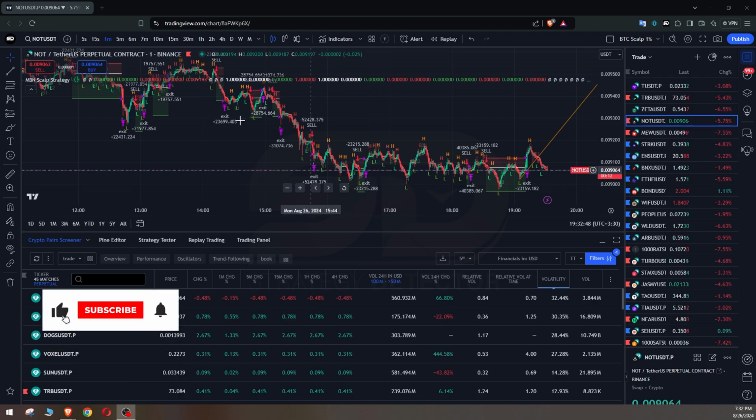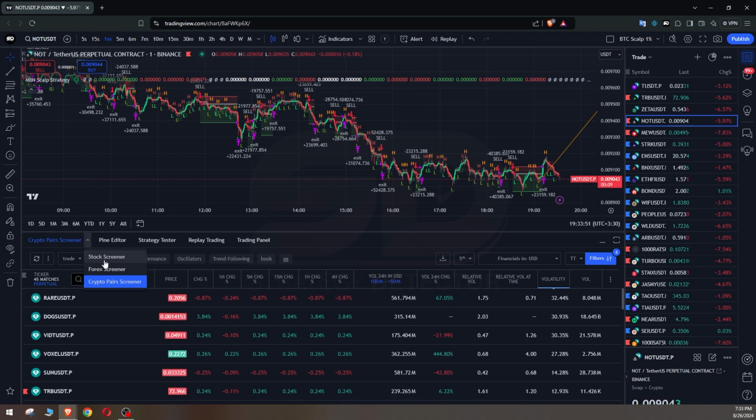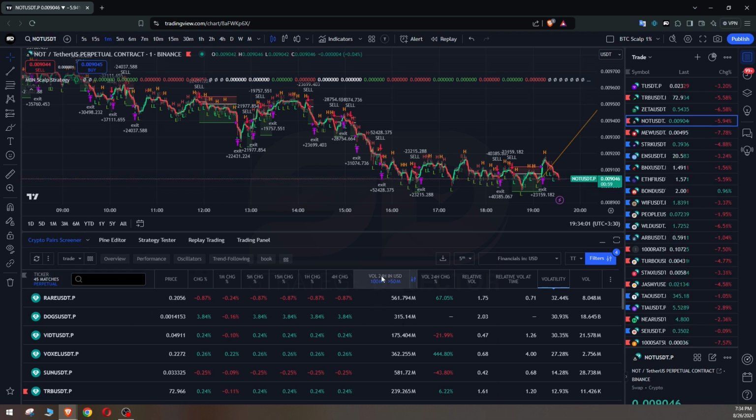An important thing is that you need to find currencies that are currently suitable for scalping. You enter the crypto screener section in TradingView. This section includes 3 parts: stock screener, forex screener, and crypto screener. In the crypto screener, you can filter currencies based on trading volume.